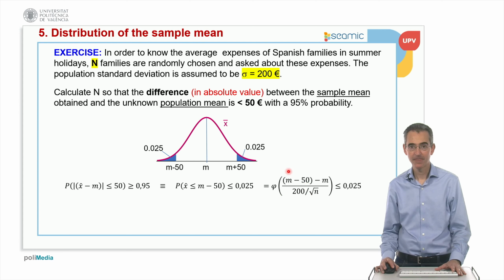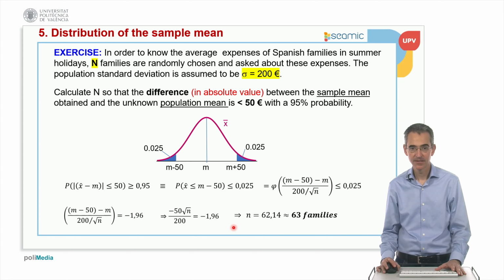And then here m is simplified, so m goes out, and finally we have to look at this value in the normal table, and this is equal to minus 1.96. So as I was saying, m is simplified, and then we just have to solve, and we compute that n is equal to 62.1. Obviously, as n is the number of families, we cannot have 62.1, so we round up this value to 63 families, and that will be the solution of this exercise.